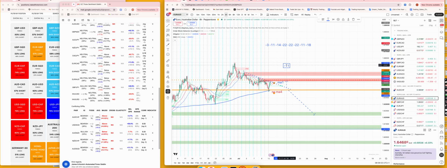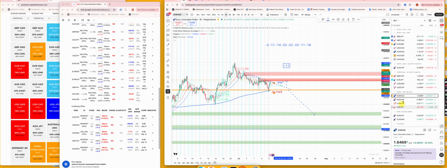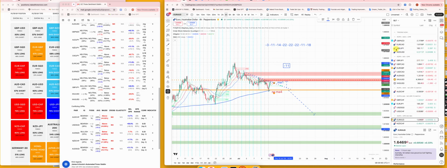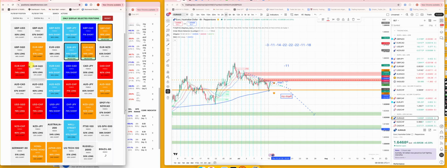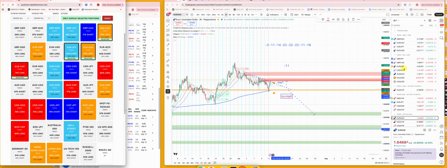We've got the relative OPR, we don't have the MA, and we've got the OPR. So it goes in that box already, doesn't it? Relative OPR and OPR, but no MA. We needed to move up into here before we can take a trade, but yeah, it's looking good. Right, Euro Aussie, Euro Swiss.